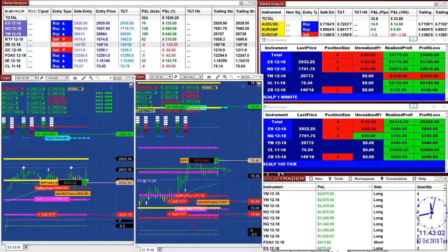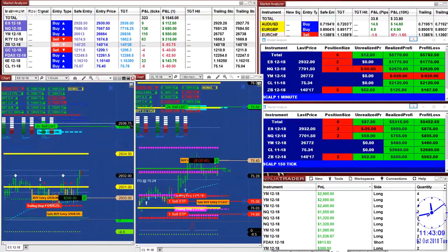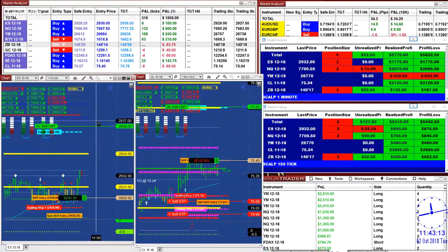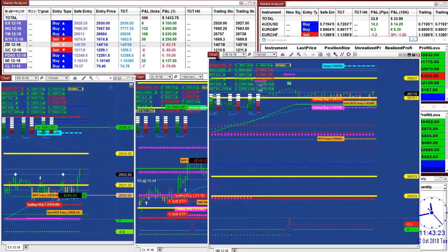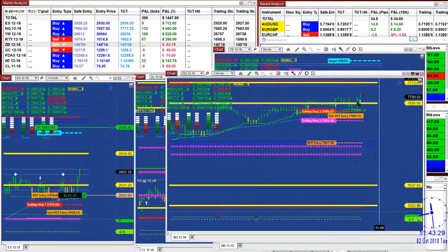Okay, finally the ES is giving in. This is the last struggle we have, the 29.32. We should have a breakout on this one here. Very fine. YM, nothing. Nobody home. Neither the NASDAQ, nobody home. It has not done anything yet.